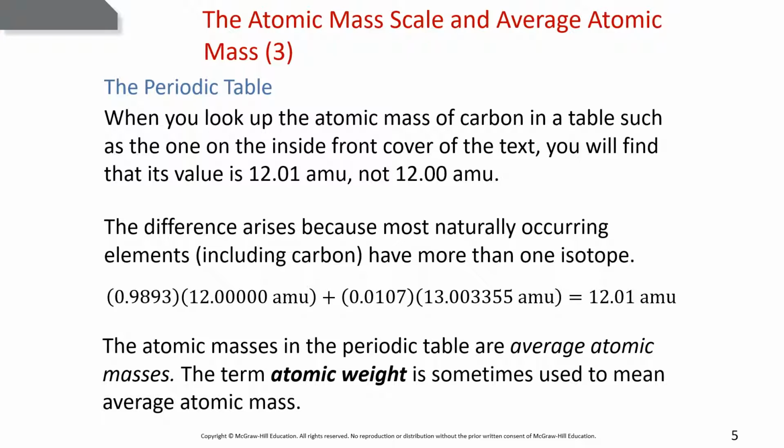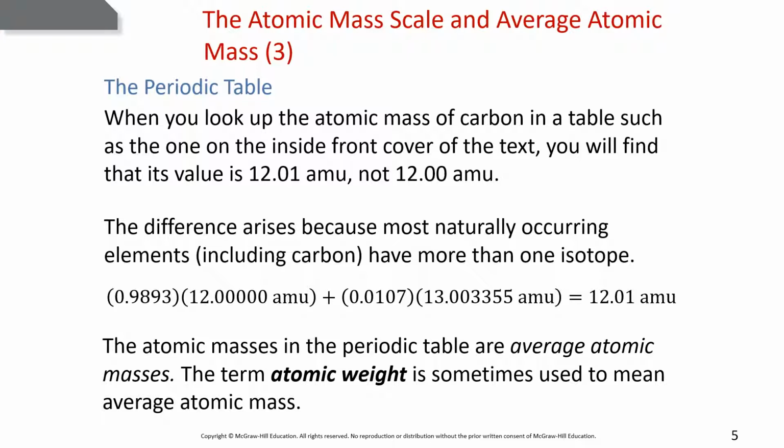When you look at carbon, again, we talked about there being different types of carbons, meaning 2 or 3 different carbons will have the same number of protons, different number of neutrons. So in order to figure out what the average mass is for carbons, we have to take into account the percentages of each isotope of the element.